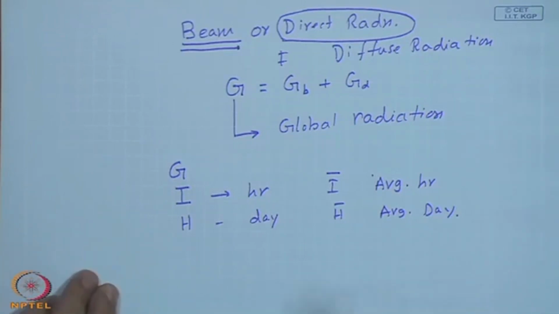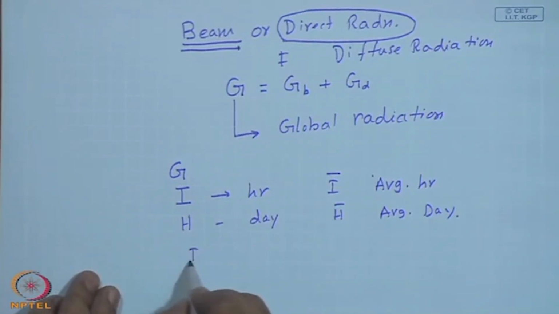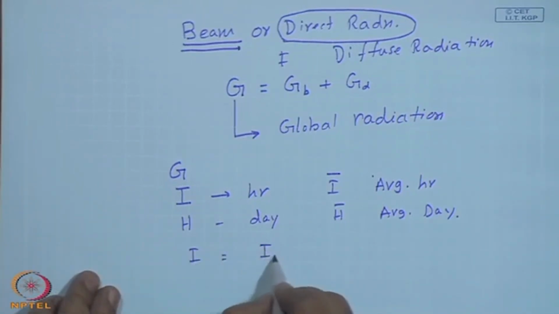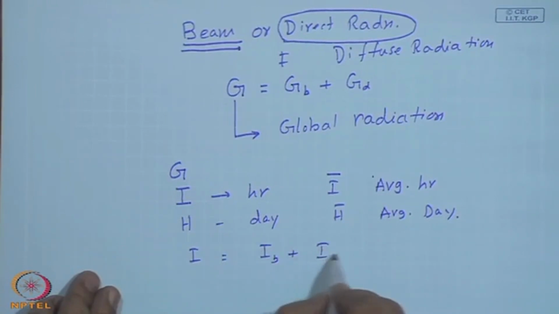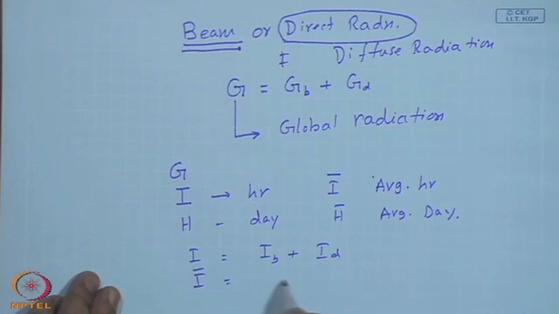Each I will consist of I B plus I D, and similarly I bar will consist of I B bar plus I D bar.